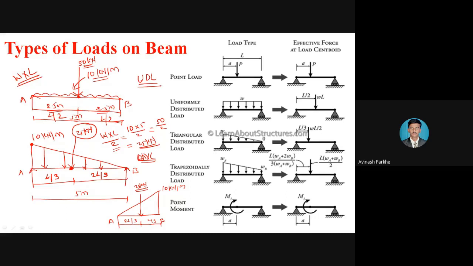In case of a UVL, it does not act at the center. It acts at L/3 from the maximum magnitude and 2L/3 from the 0 magnitude. So even if the UVL is given in the opposite direction, with the maximum on the left side and 0 on the right side, or the maximum on the right side and 0 on the left side, the distance from the maximum magnitude to the point load is L/3, and from the 0 point to the point load is 2L/3.